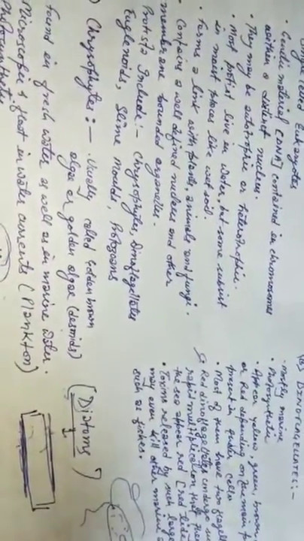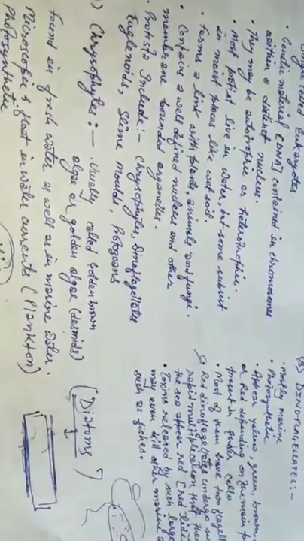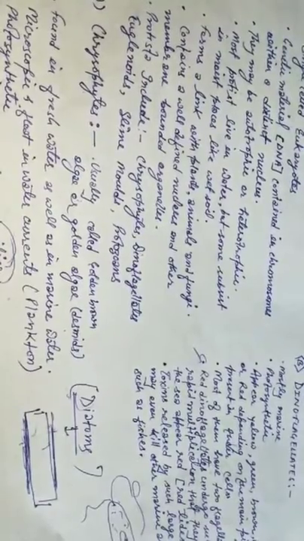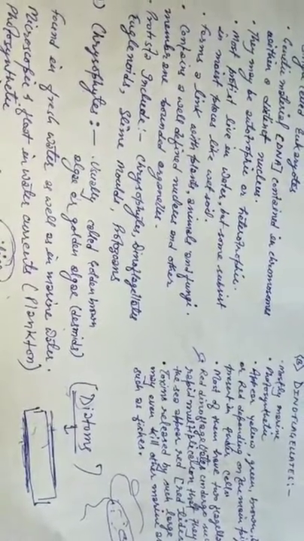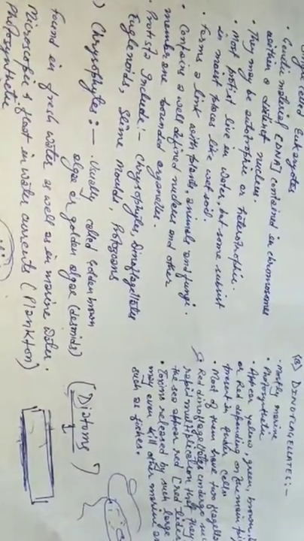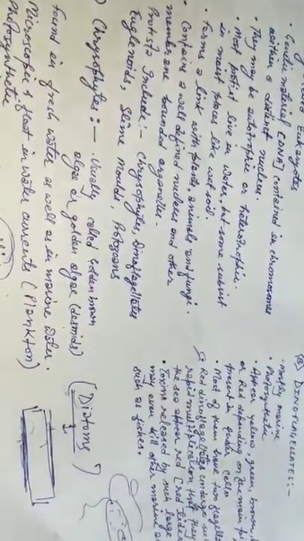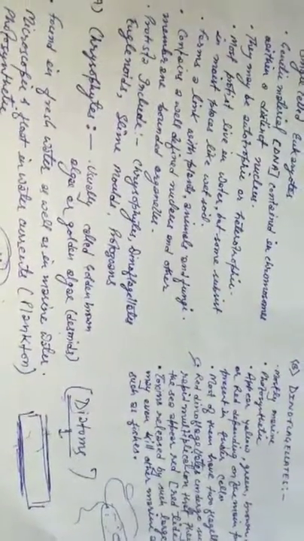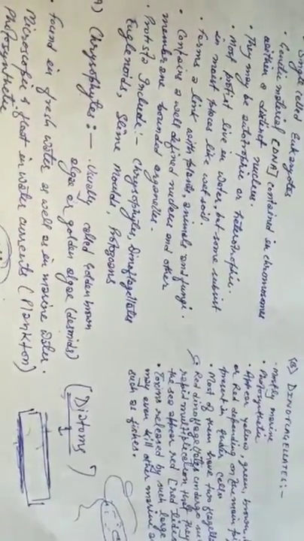The second one is the dinoflagellates, which are usually photosynthetic and marine protozoans, which appear yellow, green, brown, blue or red, depending on the pigment present in their cells. Red dinoflagellates can cause the red tide.